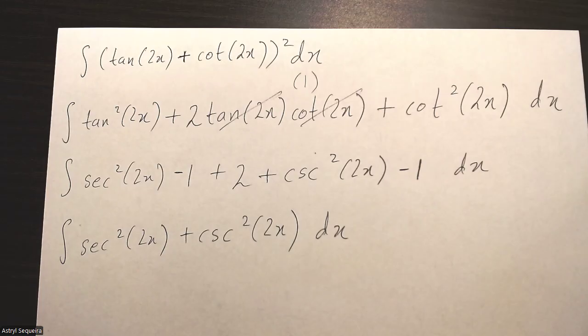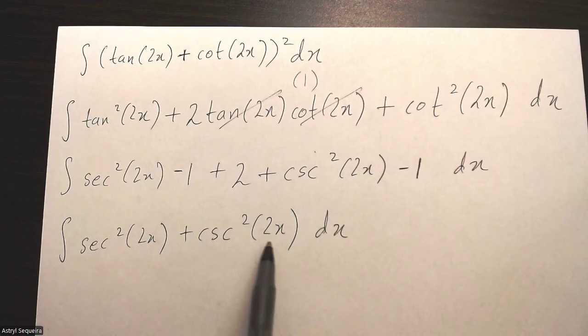And now I know that from my derivatives, if you remember your derivatives really well, or if you go and look up the derivatives of the trig functions, you know that both of these over here, sec squared and cosec squared, have derivatives. So if you derive some trig equations, you get these, which means that we can integrate these over here. It is possible to integrate these.